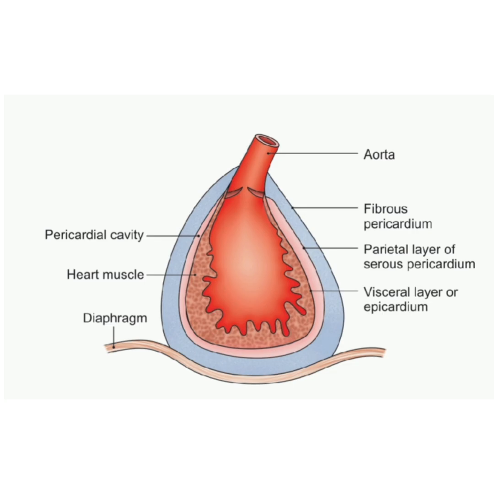The outer layer is the fibrous pericardium, then the parietal layer of the serous pericardium, and the inner visceral layer, the epicardium. Between the parietal and visceral layers there is a pericardial cavity where pericardial fluid is present.